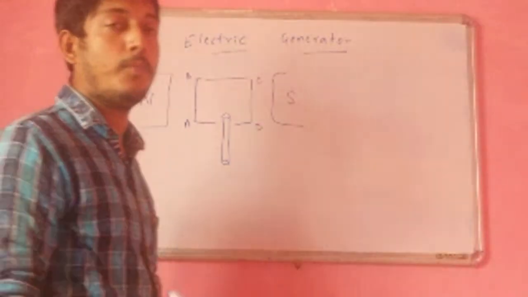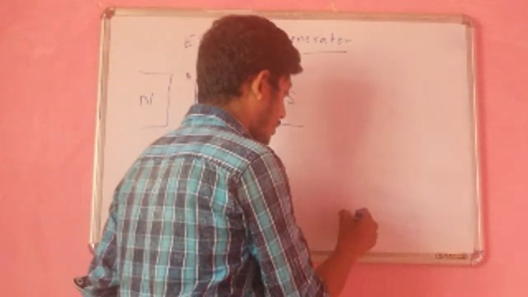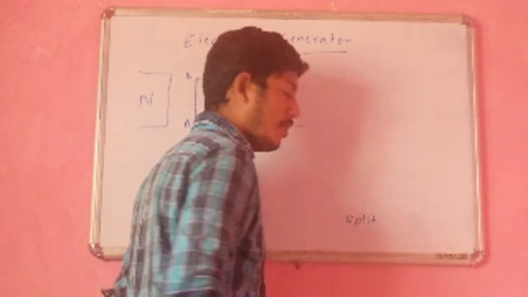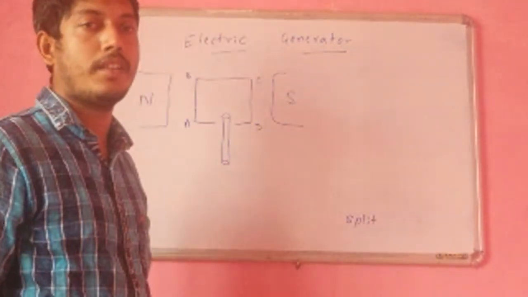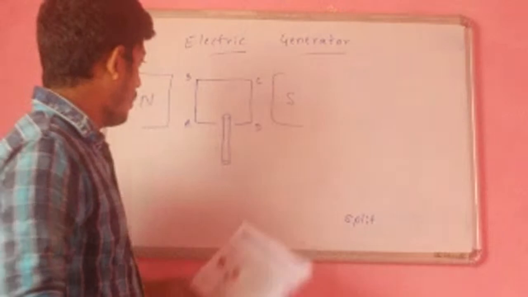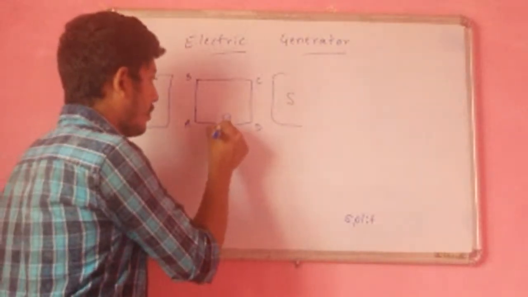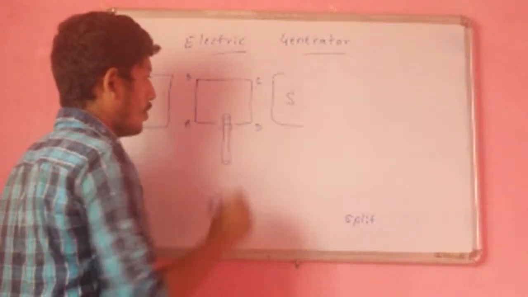In electric motor we use split rings, but here we are using two rings, full complete rings.